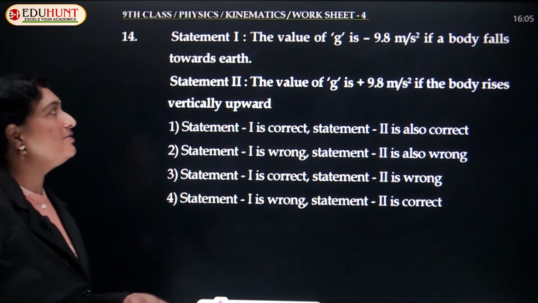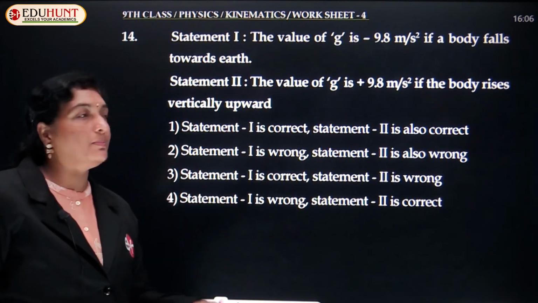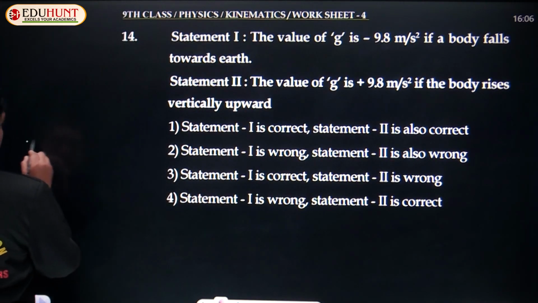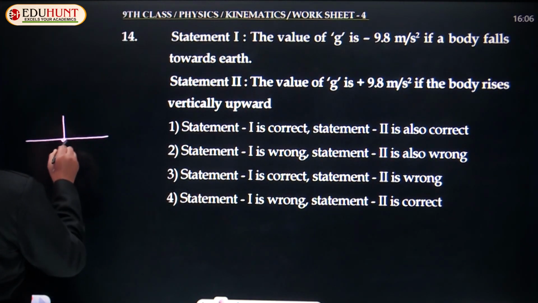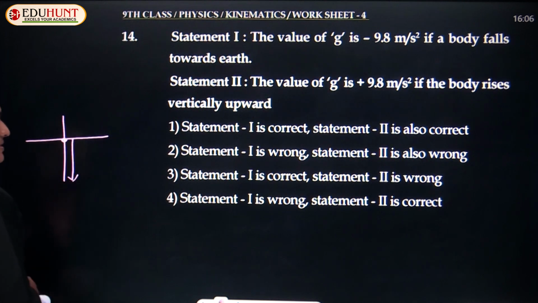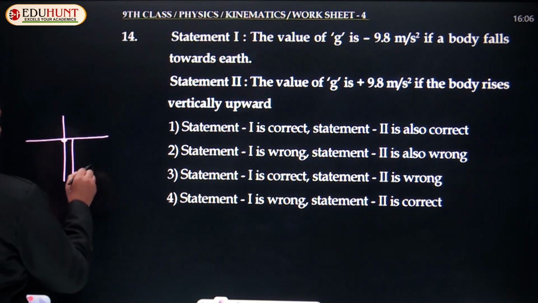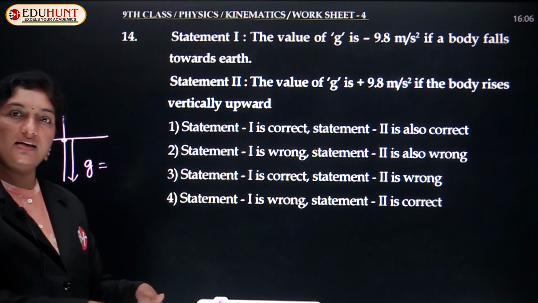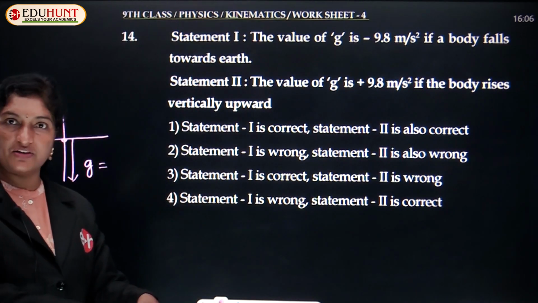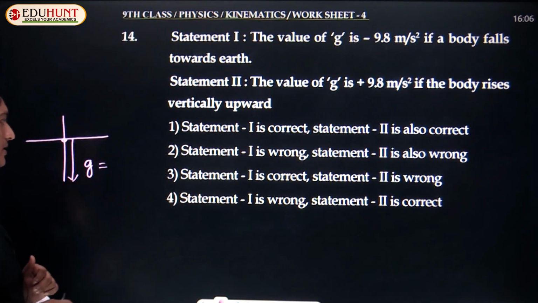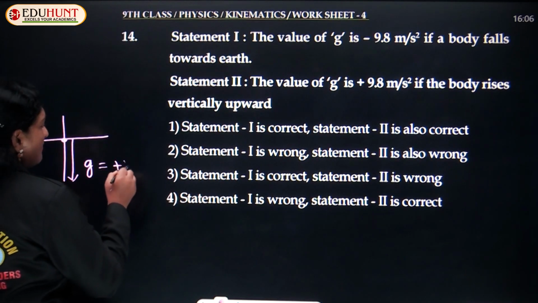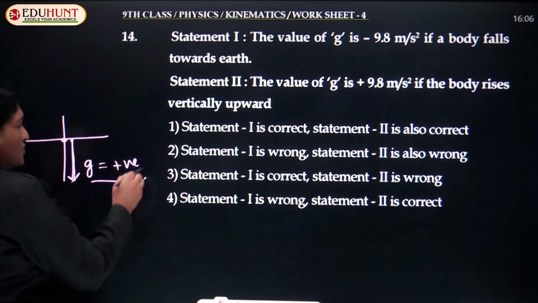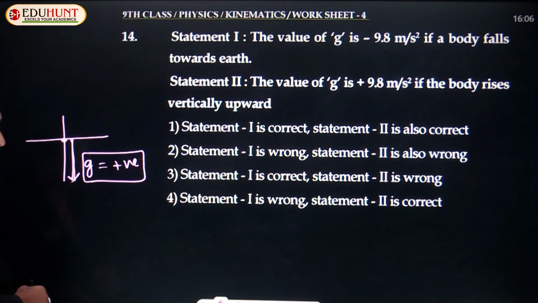Statement 1, the value of g is minus 9.8 meter per second square if a body falls towards Earth. So for this, what we consider is downward motion. The direction of acceleration due to gravity is towards the surface of the Earth, the center of the Earth. So in this direction, the value must be taken. Whenever the body moves downwards, the value of g is taken as positive.